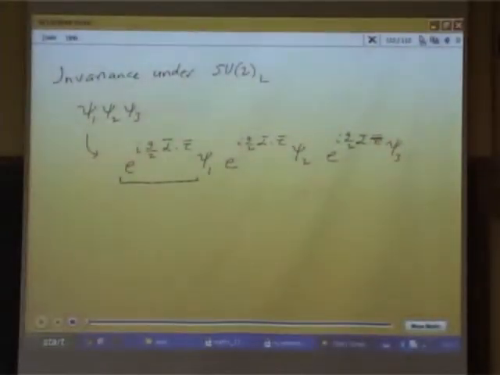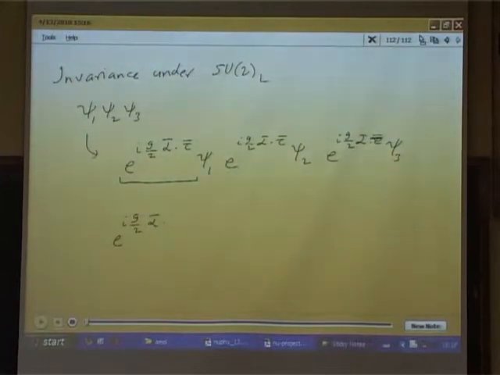So now what we want is that these three objects, when combined, e^(i/2) α·(τ1 + τ2 + τ3), give a back rotation.